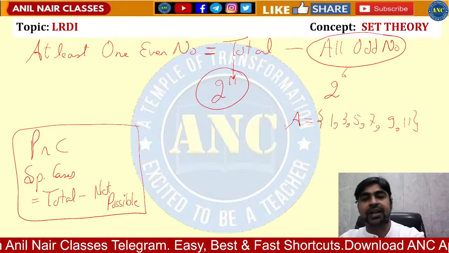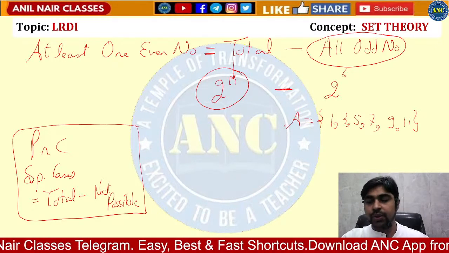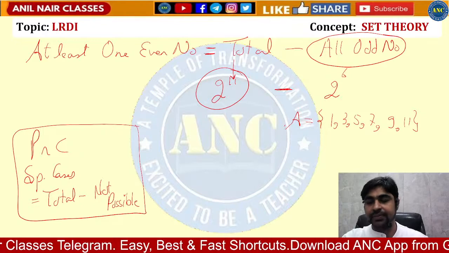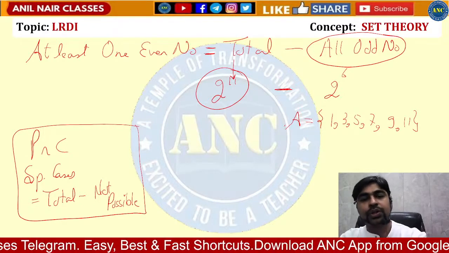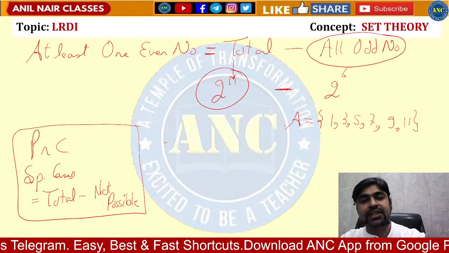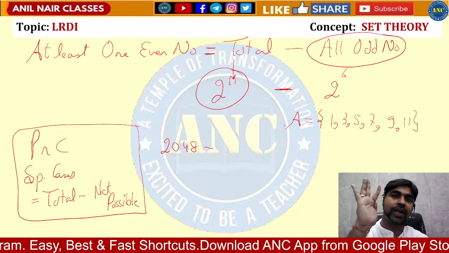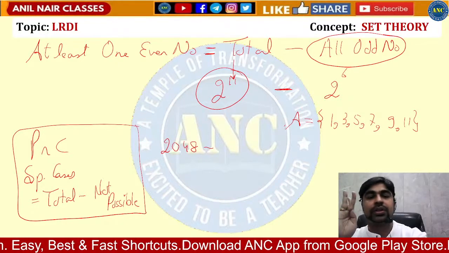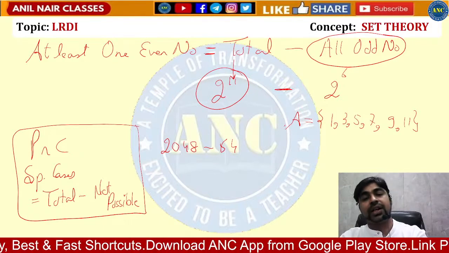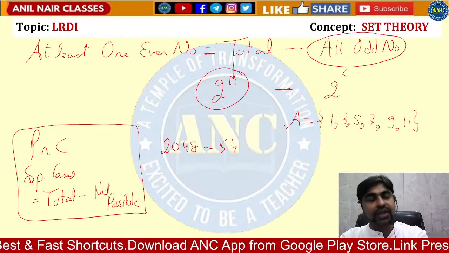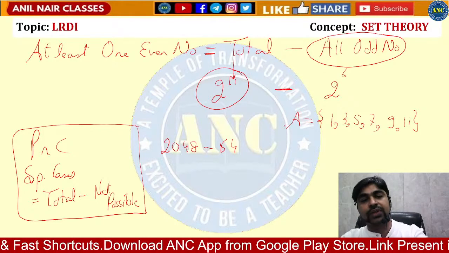So if I subtract 2 to the power of 6 from 2 to the power of 11, I'll get my answer. 2 to the power of 11 is 2048. 2 to the power of 6 would be 2, 4, 8, 16, 32, 64. So minus 64. 2048 minus 48 would have been 2000, and it is further 16 below than that. So that would be 1984.